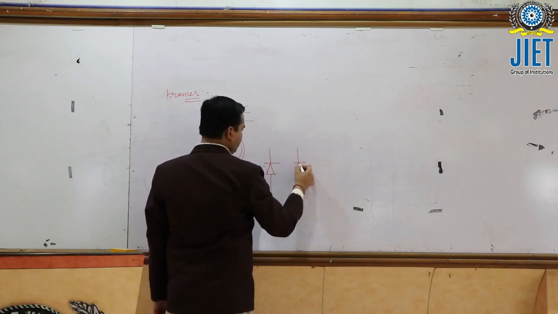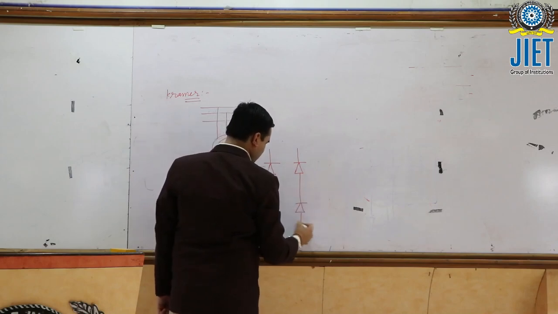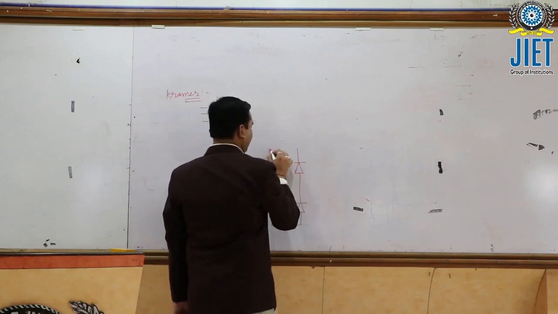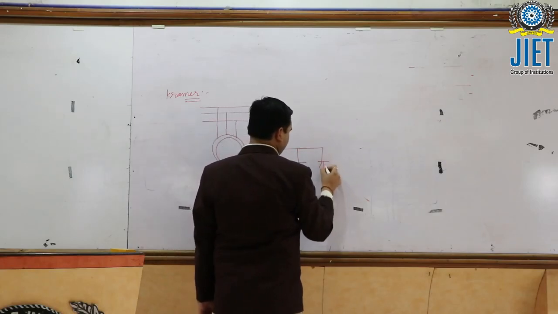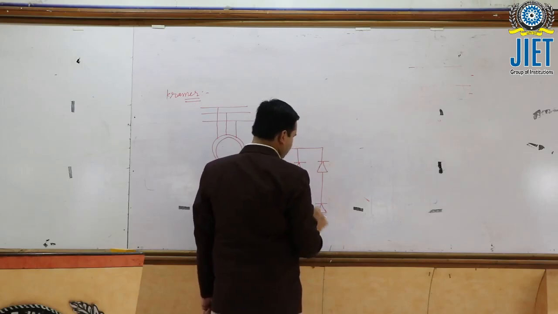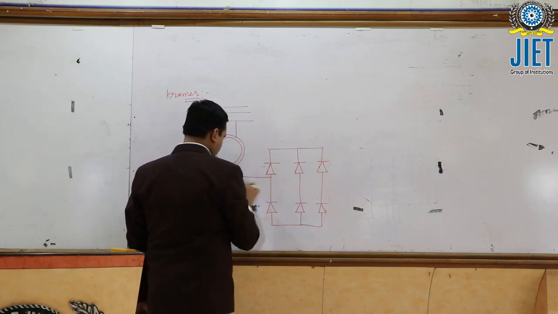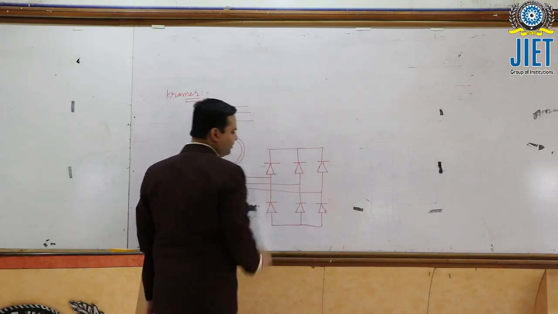This is diode branch number 1, this is 2, and this is the third one. The input side is the same in all three methods: the static rotor resistance control, the Scherbius control, and the Kramer control. This is the fundamental circuit.